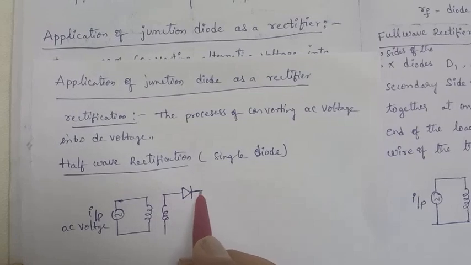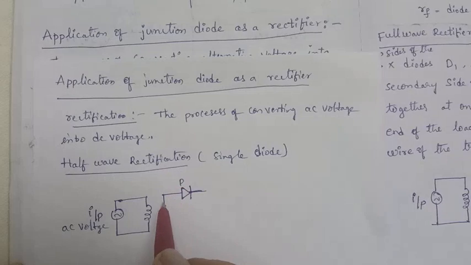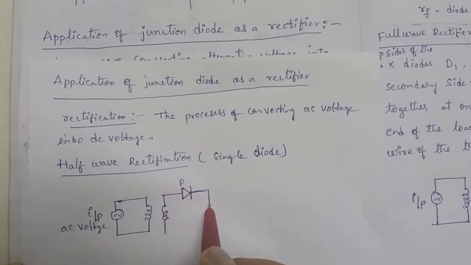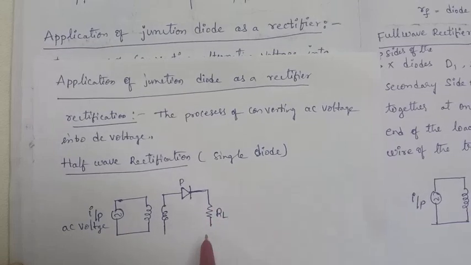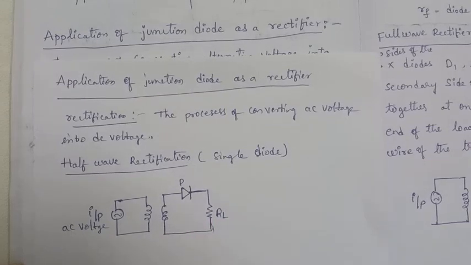The P side of the diode is connected to one end of the transformer, and the negative end is connected to the load resistor in series. The other end of the load resistor is connected to the secondary of the transformer.